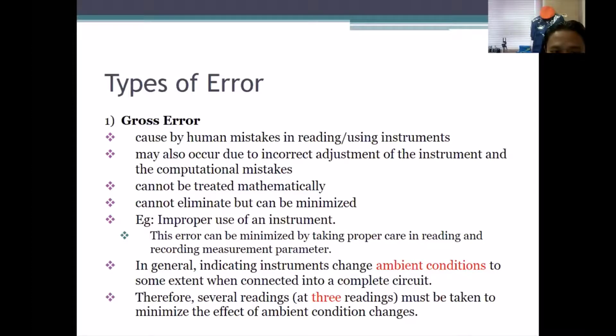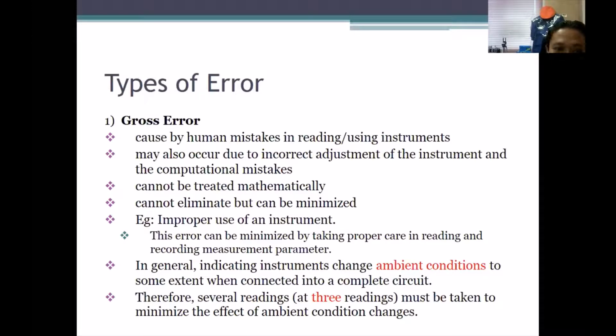For example, improper use of the instrument can be minimized by taking proper care in reading and recording measurement parameters. In general, the instrument changes ambient condition to some extent when connected to the complete circuit. Therefore, several readings, at least 3, must be taken to minimize the effect of ambient condition change.